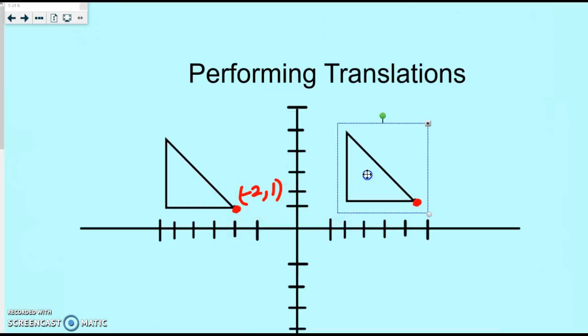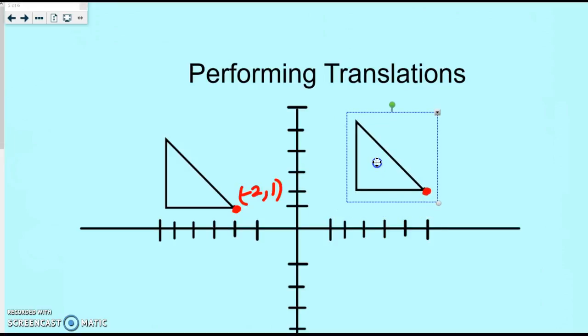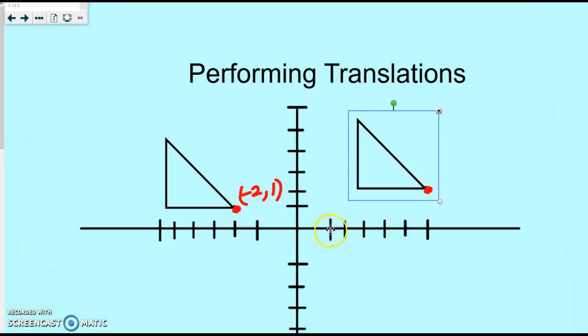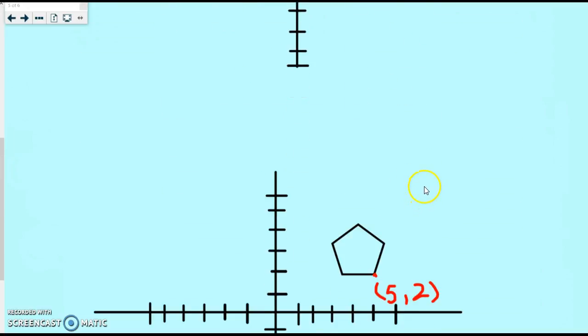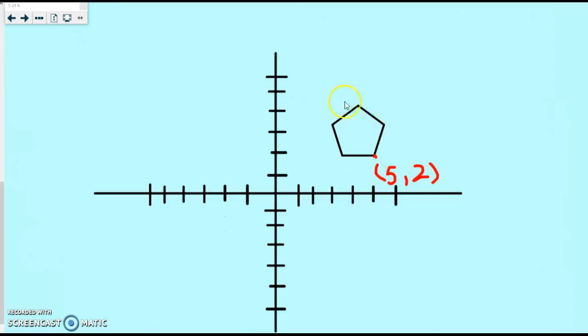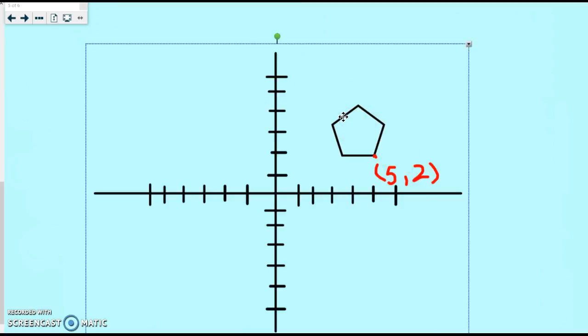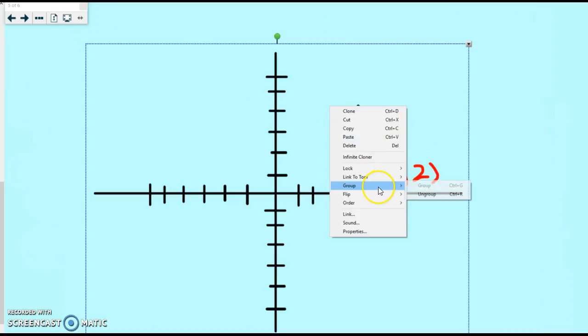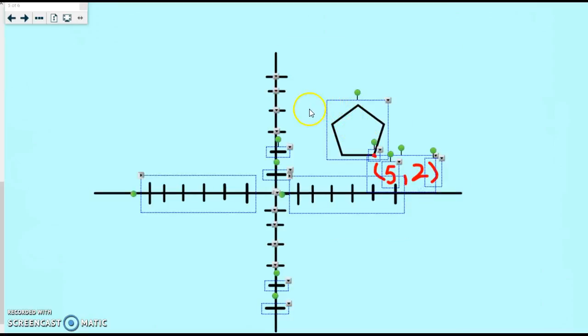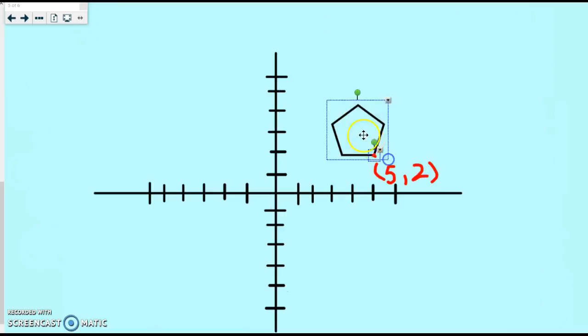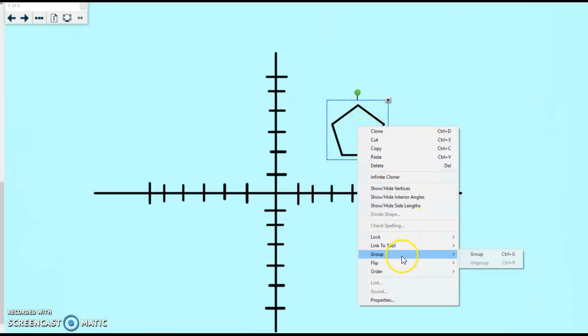So we can also move it over here, where our point is now at 6, 2, which was a translation of plus 8 to the right, and up 1. And just to show it one more time, we have another figure right here. Gonna ungroup these real quick and group these two.